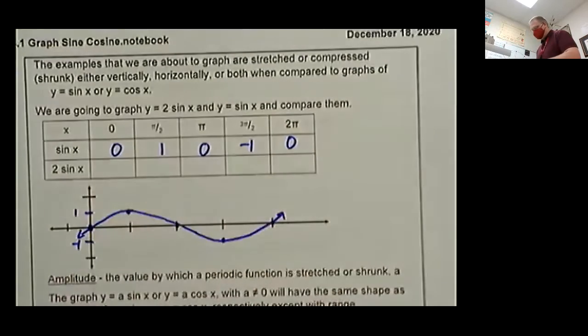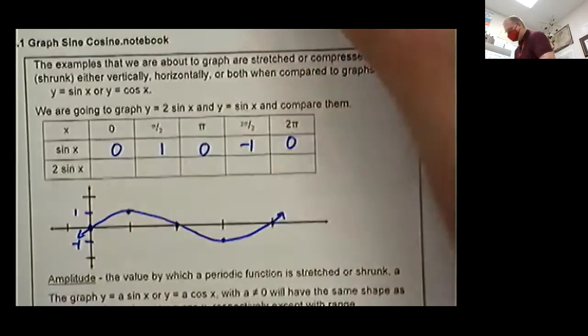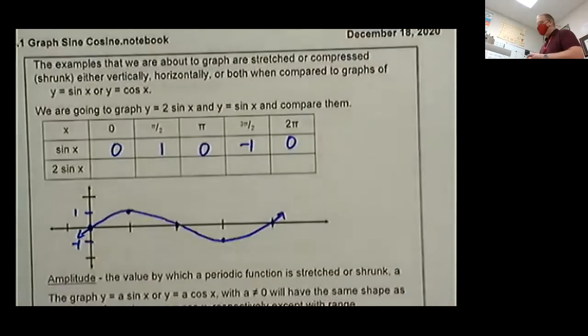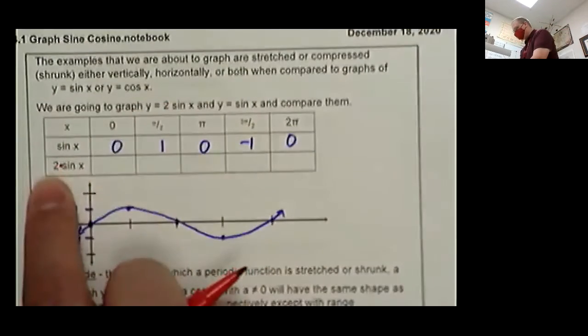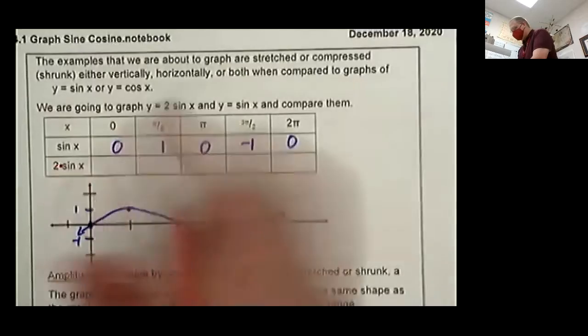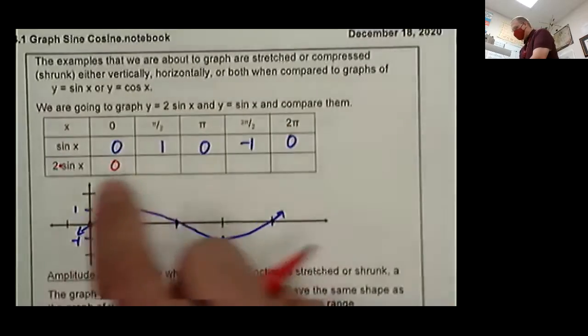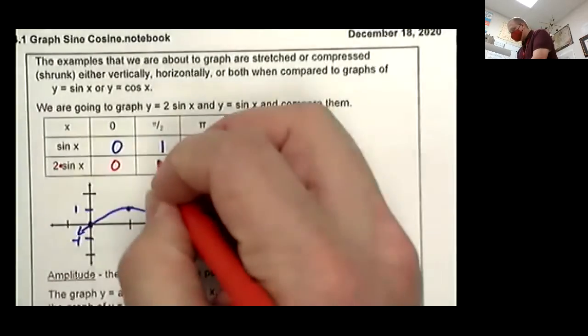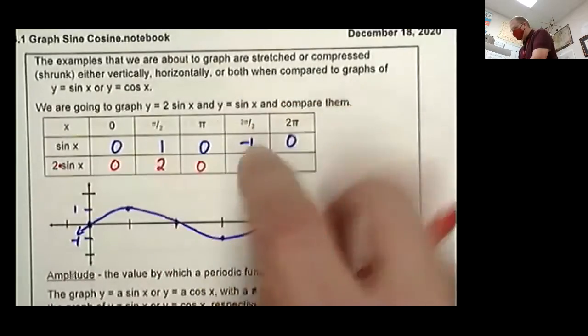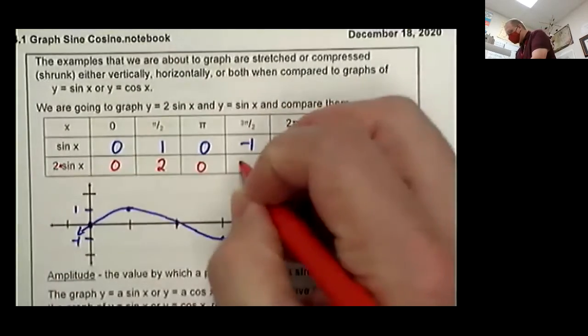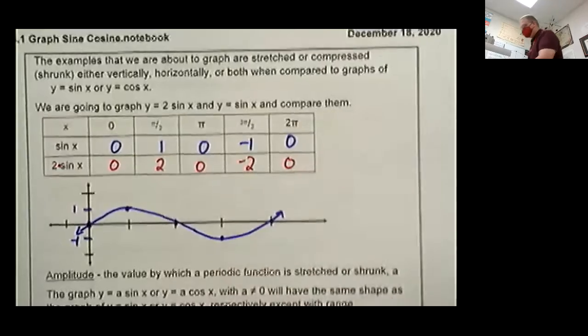And let's look what happens if we sketch a graph of 2 sine x. Well, that's going to take the value of sine x and then multiply it by 2. So sine of 0 is 0 times 2, that's still 0. Sine of pi halves is 1 times 2 is 2. Sine of pi is 0 times 2 is still 0. This is -1 times 2 is -2. 0 still gives us 0.